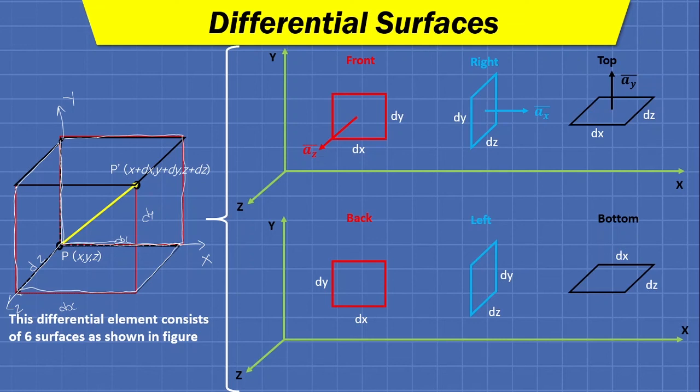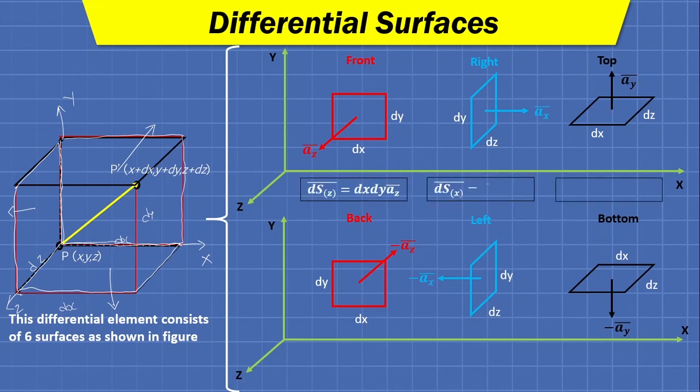Again, the length of each side of surfaces is very easy to determine, and the direction here, for the back surface the direction will be in negative z, for the left surface the direction will be negative x, and for bottom surface the direction will be negative y. So we have indicated the direction as well.